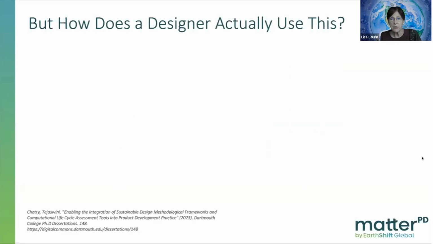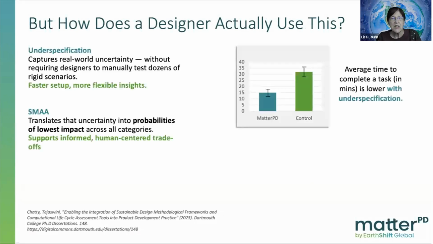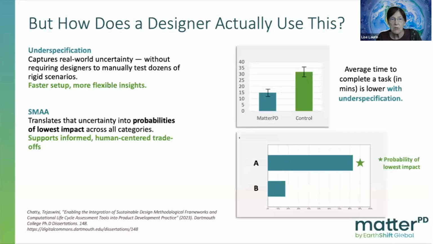Yeah. So how do you actually use this? And if you click a few times, Tess. So we're capturing real world uncertainty and underspecification, right? And the designer doesn't have to manually test all the different design scenarios they might consider.